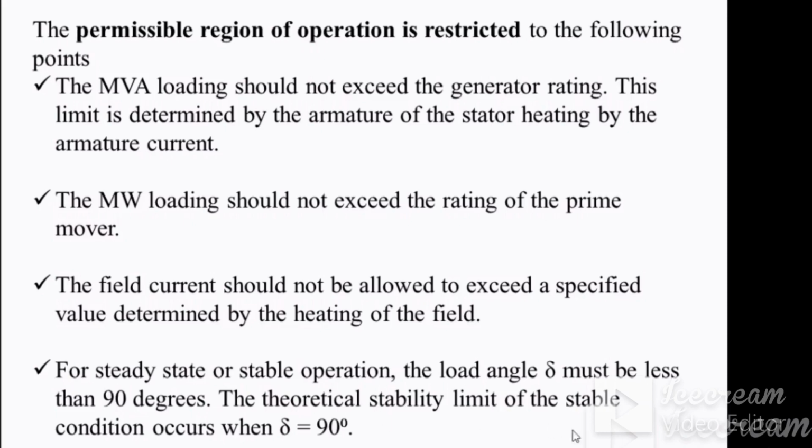So we know that this load angle must not go beyond 90 degrees. It should always be within the stable region, that is around 32 degrees to 47 degrees. The theoretical stability limit occurs when delta is equal to 90 degrees. This is the stability limit, where the maximum power is transferred.